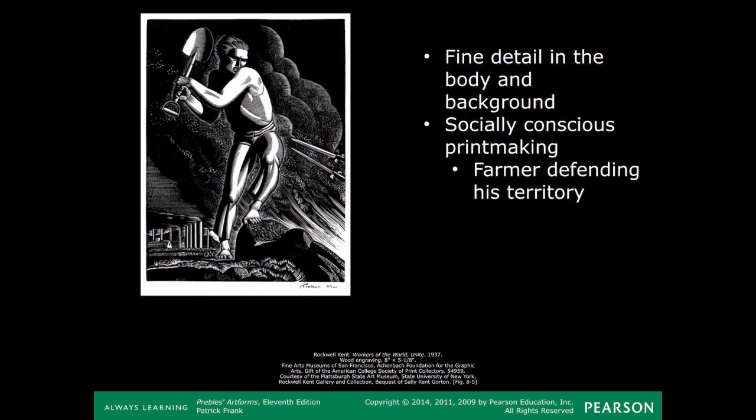And this work of art is by Rockwell Kent, Workers of the World Unite, 1937. Something that you'll notice, the subject matter in terms of what Rockwell Kent is portraying is the idea of the agricultural lifestyle being in danger.